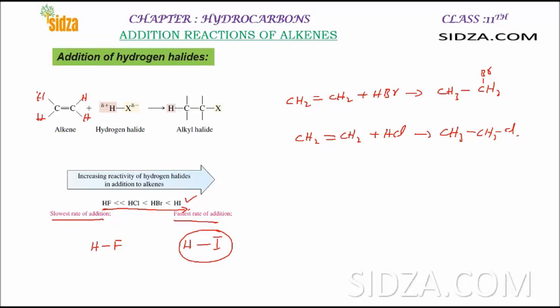And if we take the alkene CH2=CH2 and HI, we get CH3CH2I, right? So these are the different alkyl halides we get by the addition of hydrogen halides to the alkenes.